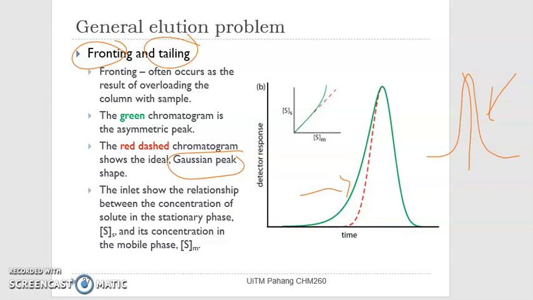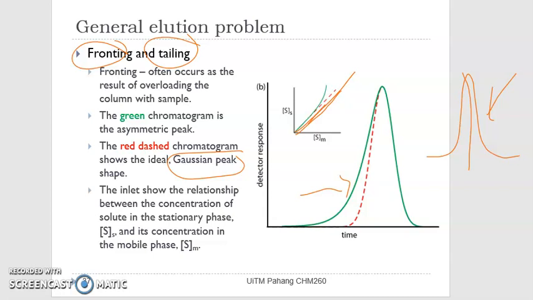The inlet shows the relationship between the concentration of solute in the stationary phase and its concentration in the mobile phase. So supposedly dia macam ni, dia punya relationship. It is directly proportional, and then dia reach equilibrium lah.